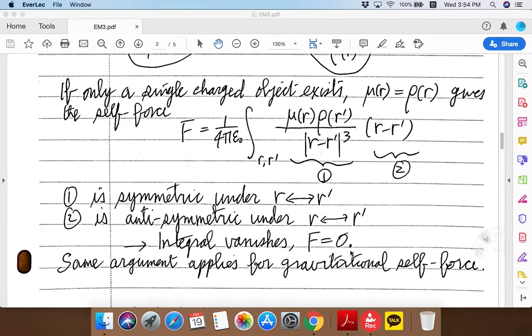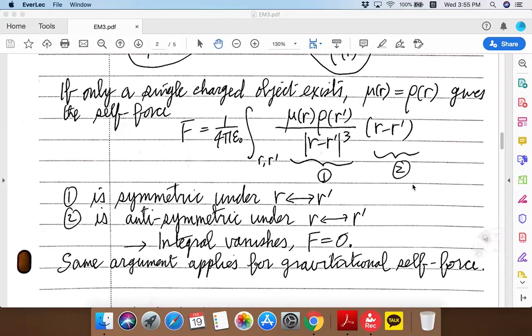Okay. So even if you have a very, very tightly confined distribution of charge, still such an object cannot spontaneously push itself in a certain direction. Such possibility is just ruled out by the argument that I have just given.